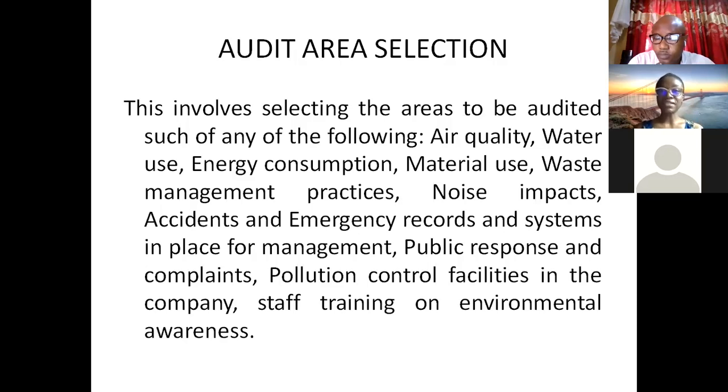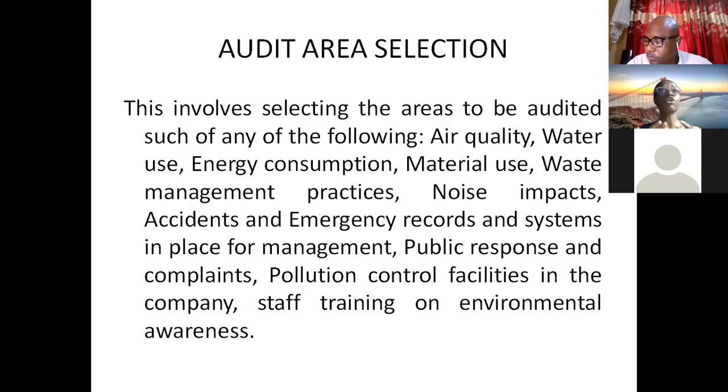So the activities and the operations will determine the significant environmental aspects that are to be audited. You can audit from air quality to water use, energy consumption, material use, waste management practices, accident and emergency records. This is a very important one that I'd like to highlight.